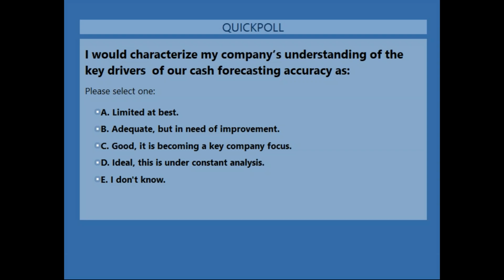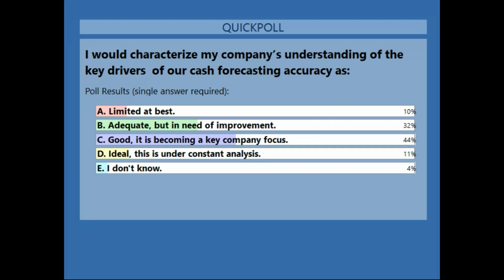And then E, it just may be you don't know at this time. So I appreciate everyone's consideration in answering our polling question here today. I want to remind you that we can take your questions at any time in the questions area of your GoToWebinar control panel. Let's go ahead and close the polling question and take a quick peek.